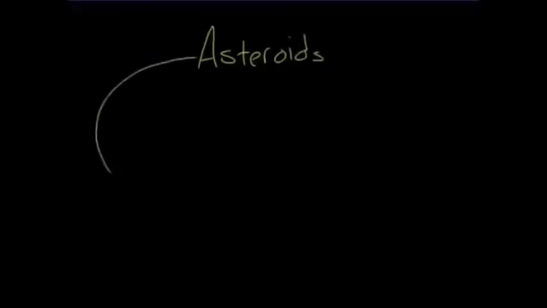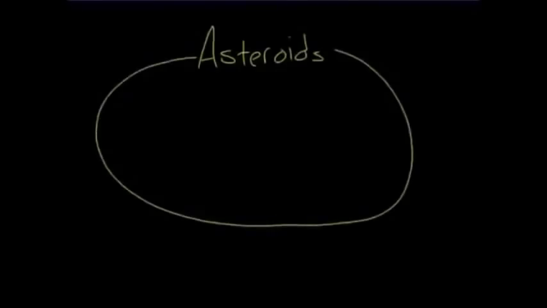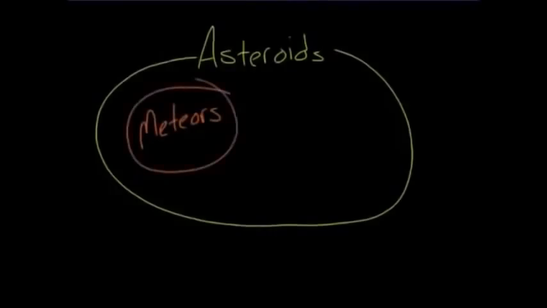Asteroids is such a general term that if I were to have the group asteroids, within that group would be all of our meteors. All of our meteors would be in the asteroid group. And some of our dwarf planets.